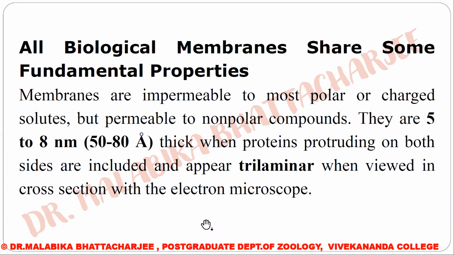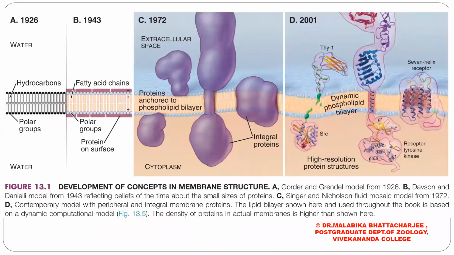If we look into the development of the concept of the plasma membrane, it started long back in 1926, as you can see. This is the Gorter and Grendel model from 1926. It is the most simplified model.